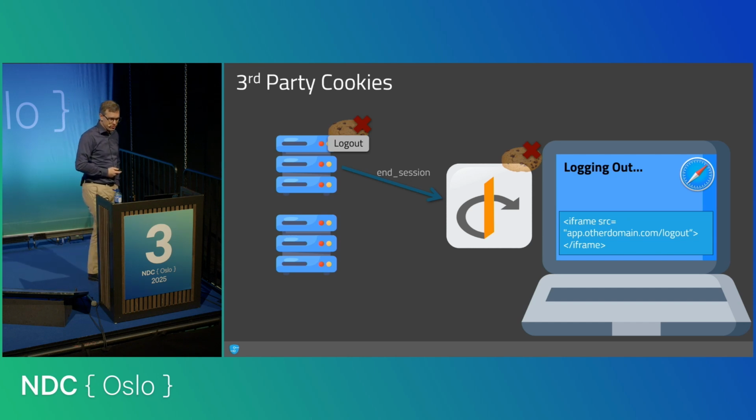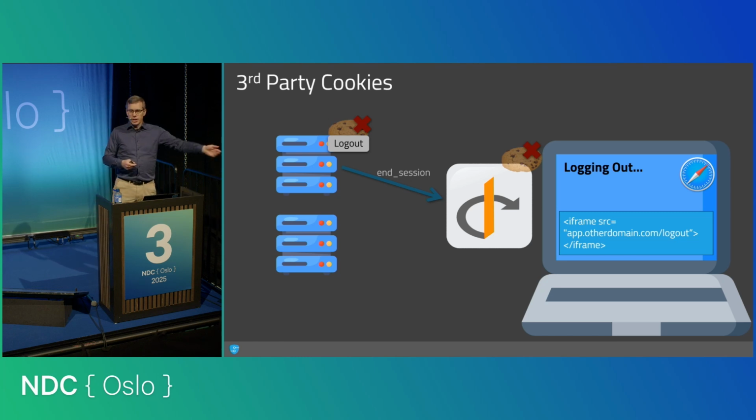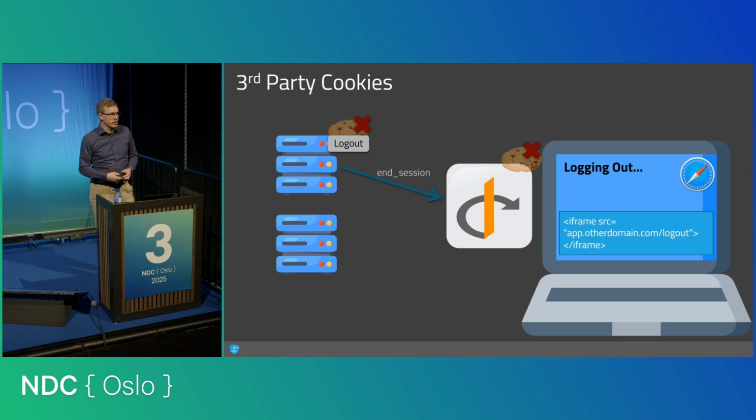So Safari is very strict about third-party cookies. So if this deployment is cross-site, so the client application and the OpenID provider are on different sites. Here in Europe, it's a common thing. I mean, we have corp.no, corp.se, and then the IDP is a shared provider, which is login.corp.com.